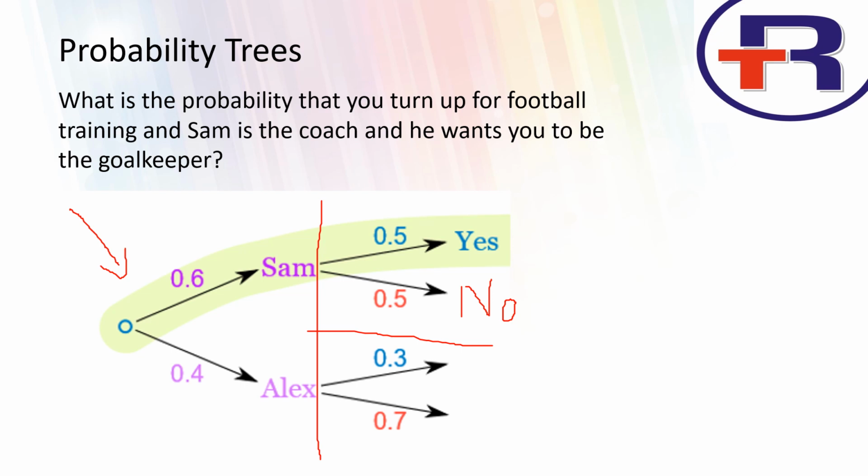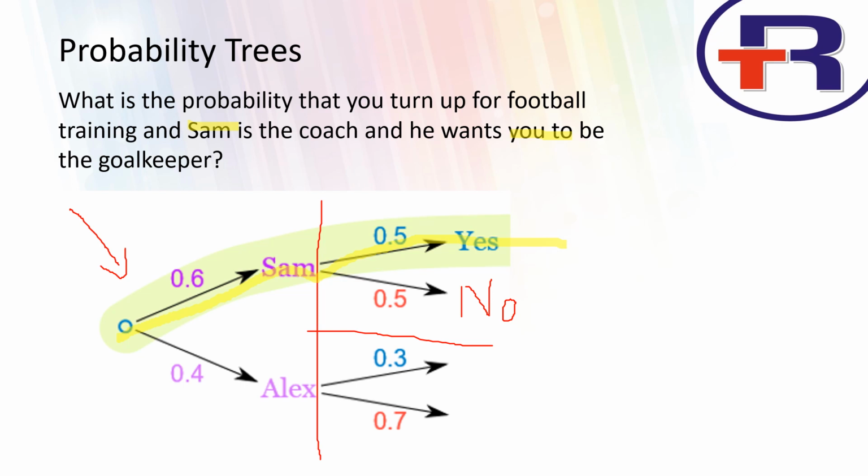So how do we use them? What is the probability that you turn up for football training and Sam is the coach and he wants you to be the goalkeeper? Basically, what we do there, we take this information here, Sam is the coach, and he wants you to be the goalkeeper, so that would be a yes, and you just follow the line. So you've turned up, Sam is the coach, and he says yes, for you to be the goalkeeper.